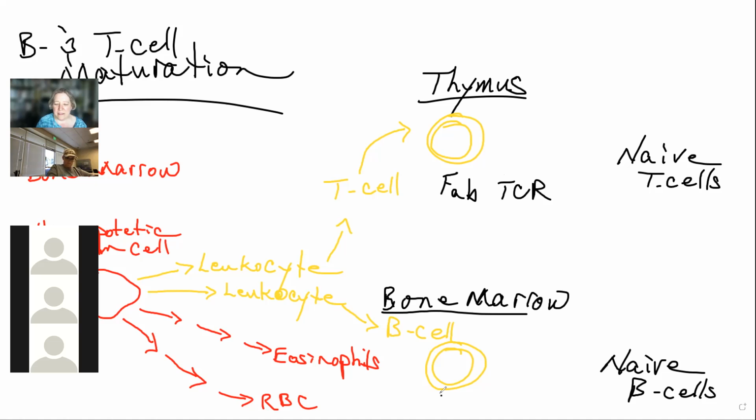For B cells, it's the FAB or variable region of their B cell receptor. So they take bits and pieces and they shuffle them around, they snip some out, and they all come up with something different for that variable region of what will become their antibodies. For right now, it's their B cell receptor.